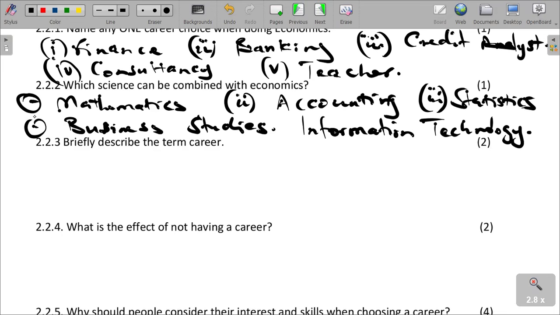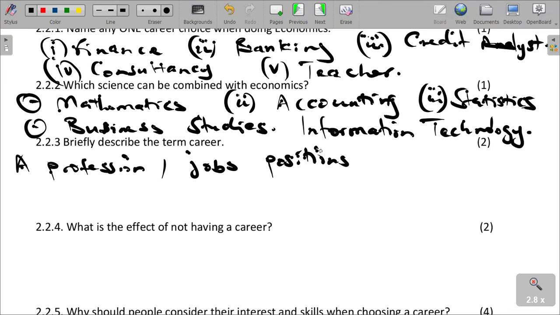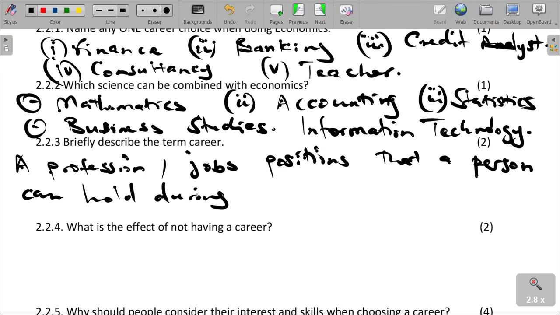It is a profession, we can say job or job positions that a person or an individual can hold during his working life.